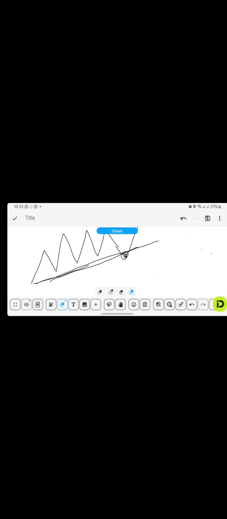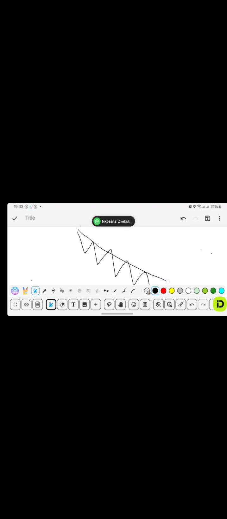And then we also have an example of the downtrend. The market is going down like this, and we have our trend line. We have a trend going down like that, 2, and then the third touch, and then the fourth touch.